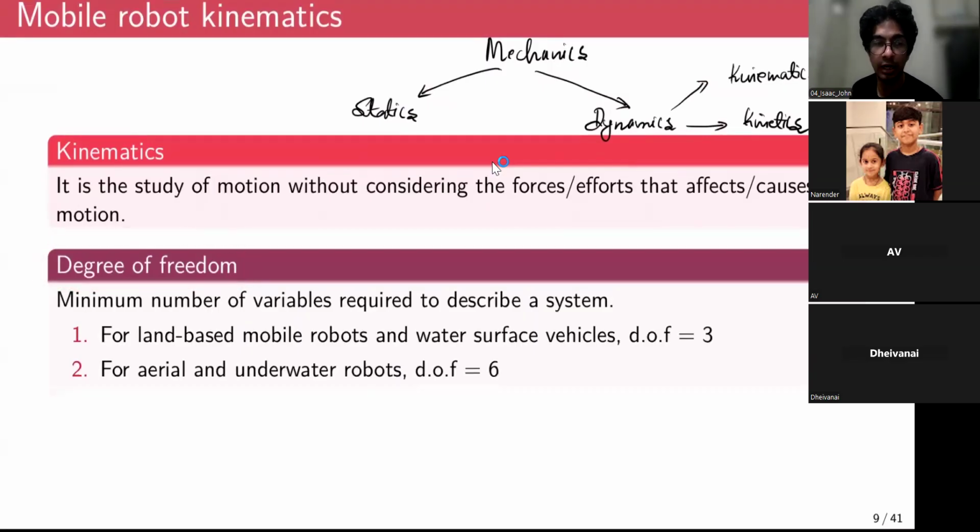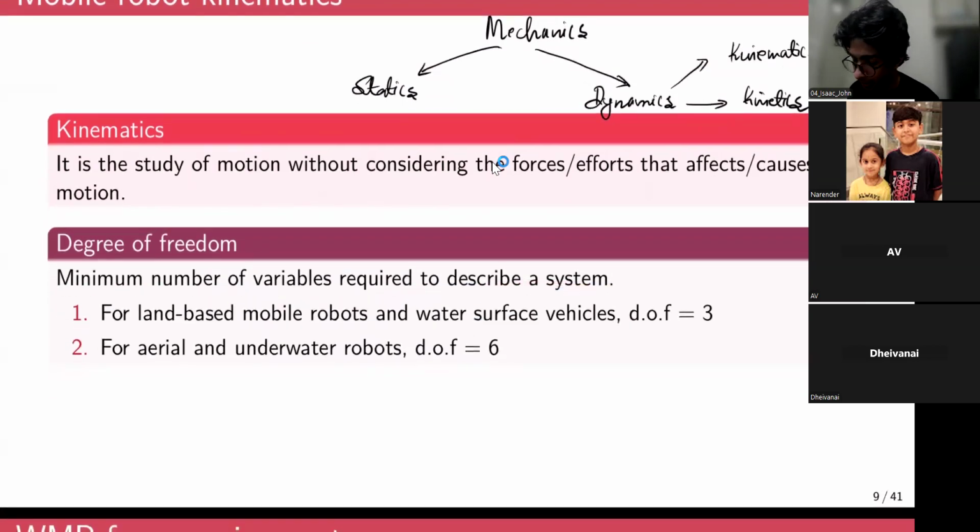Right. So basically, the degree of freedom is the minimum number of variables required to describe a system. So what does that mean? If you consider any rigid body in a space, how many variables do you require to fully describe its configuration?